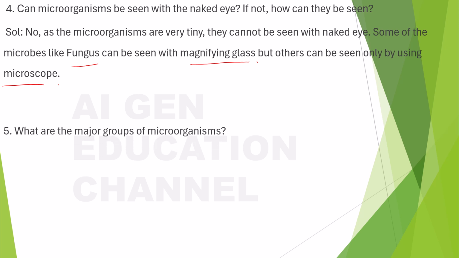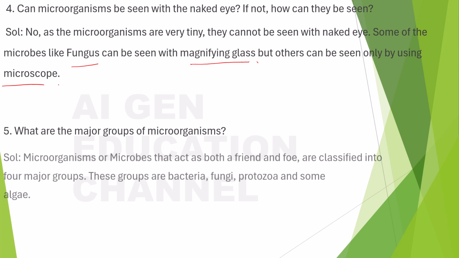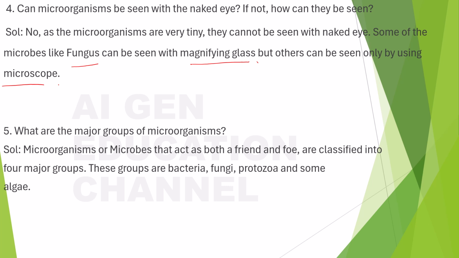Next, what are the major groups of microorganisms? I hope you all remember the answer for this, right? How many major groups are there? Four major groups, right? Microorganisms or microbes that act as both a friend and foe are classified into four major groups. These groups are bacteria, fungi, protozoa and algae.